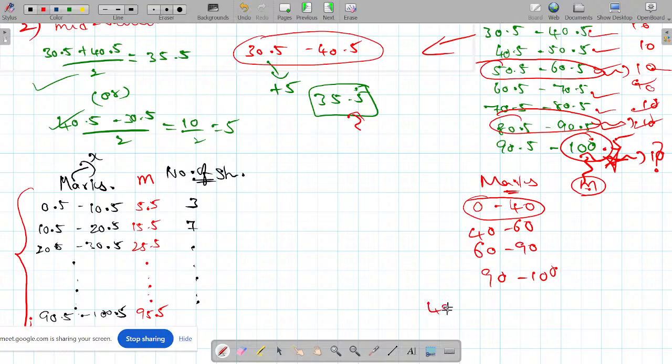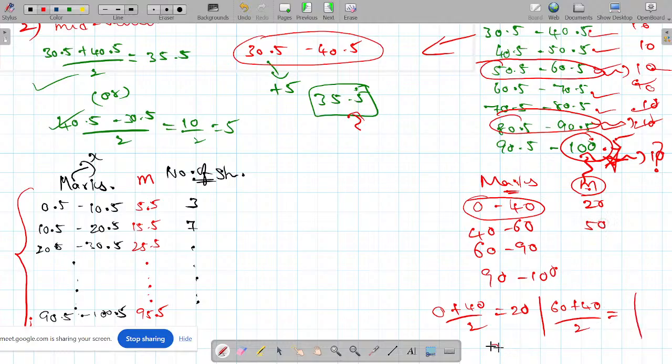How do we find the mid value? 0 plus 40 divided by 2, which is 20. Next one. 60 plus 40 divided by 2, which is 50. Likewise, next one. 60 plus 90 divided by 2, 75. Next one. 90 plus 100 divided by 2, 95.